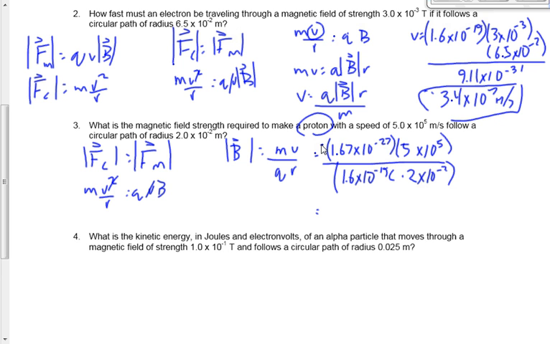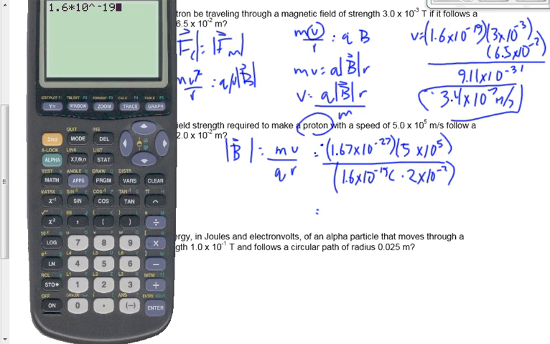If you do it on the bottom, it will work for you every time if you be careful with brackets. But if you don't be careful with brackets, then it's not going to work out for you. So let's just avoid doing it this way. Let's enter it this way. 1.6, second function, EE, neg 19. Okay, that works for you every time. You don't have to worry so much about brackets. There's still times when you got to use brackets, but not because of that.